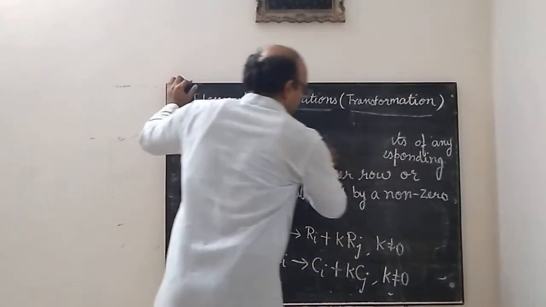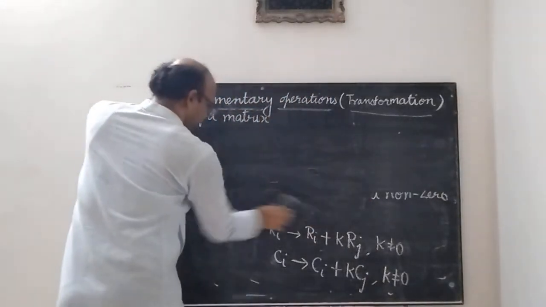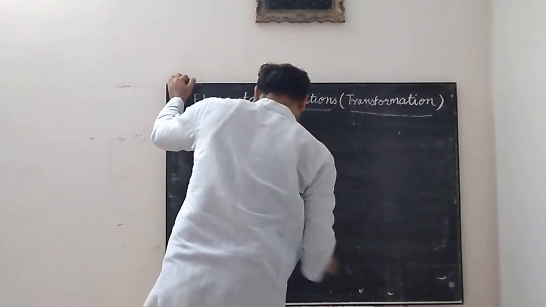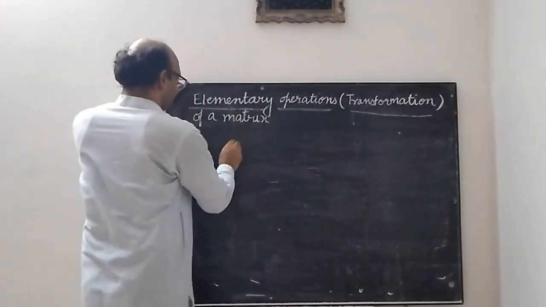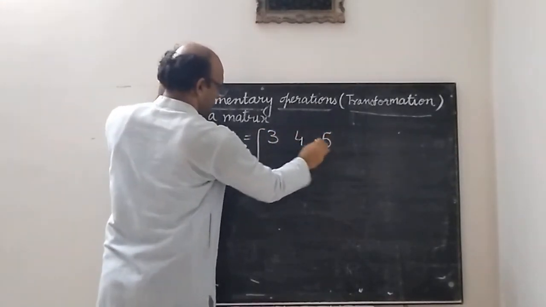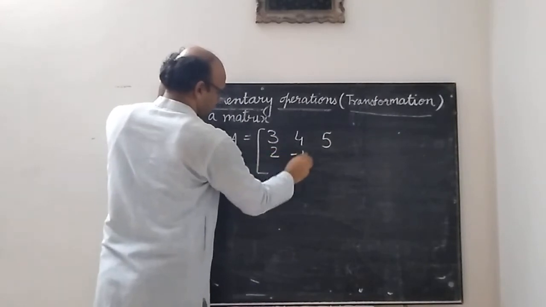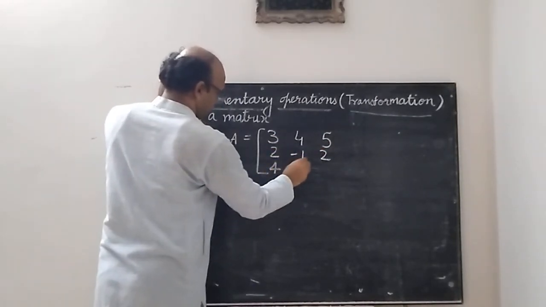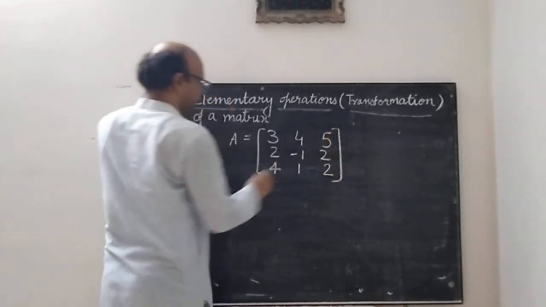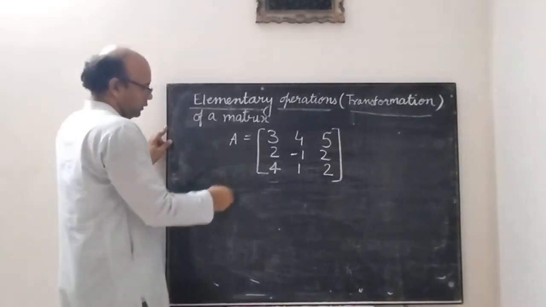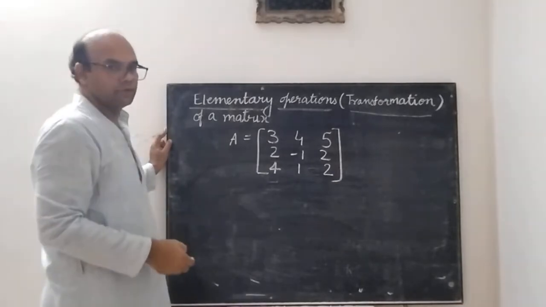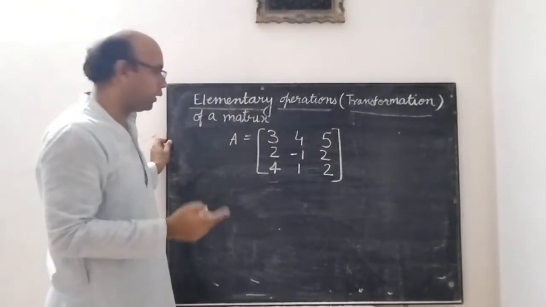Now I give you an example. Suppose you have a matrix. Suppose I want to make this element to be, say, 1.